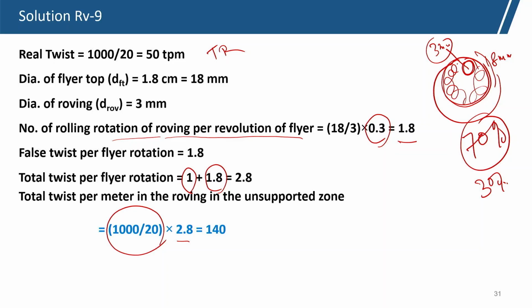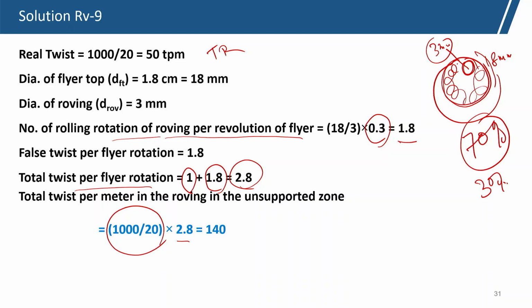So, 1000 divided by 20, that is twist per meter. For one rotation, the total twist per flare rotation will be 2.8.